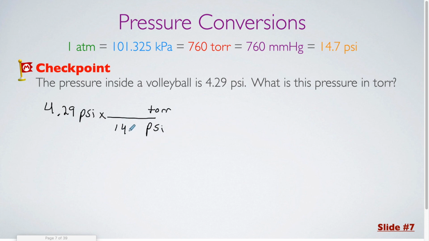PSI is 14.7 according to my conversion factor, and torr is 760. So I'm going to multiply by 760 and then divide by 14.7. This is going to come out to 221.7, but I need to round that to 3 significant figures. So that's going to be 222 torr.